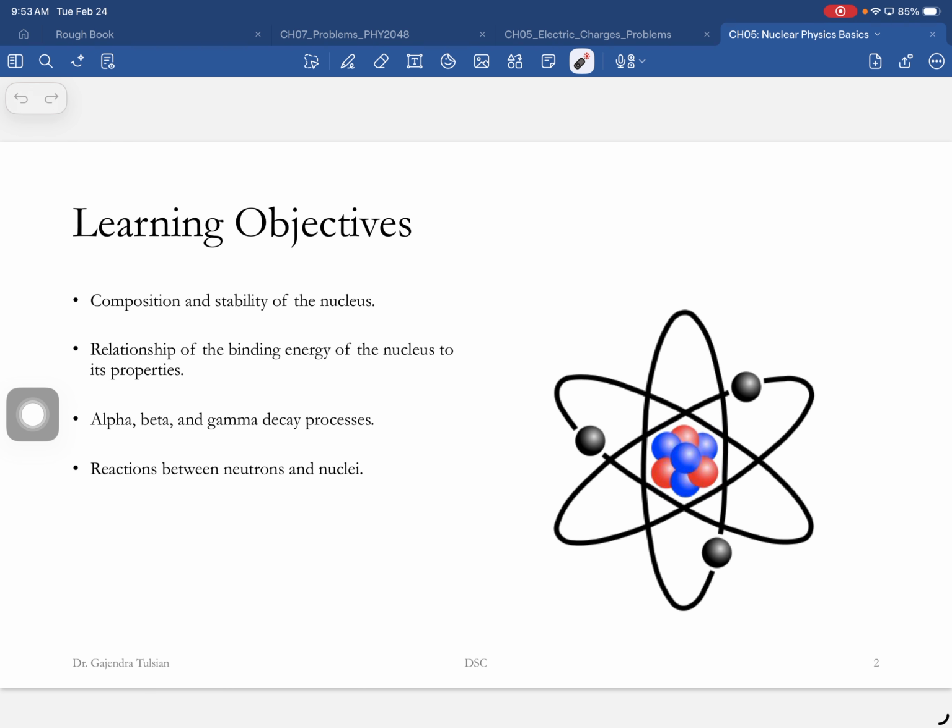Uranium is naturally occurring. Up to 92, they're naturally occurring elements. After 92, they're all man-made. So plutonium is made in a reactor. All the elements above 92 are radioactive. Above 83, everything is radioactive. Above bismuth and so on, they're all radioactive.